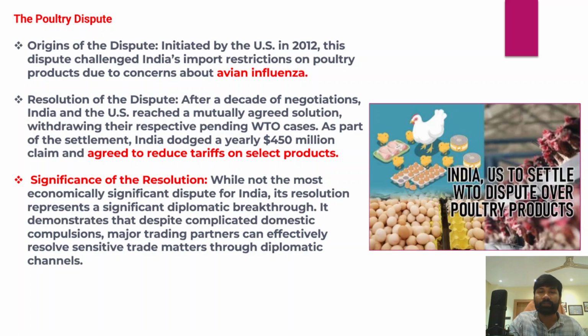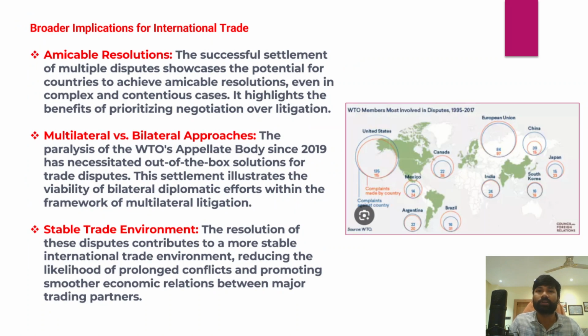Okay, so not having a conflict would benefit those two countries to further enhance trade. However, we need to understand the broader implications for international trade with respect to this.